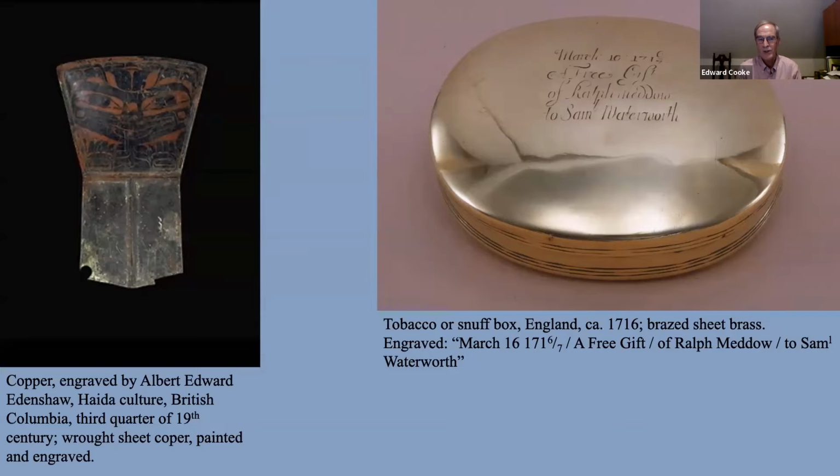We might think about personal gifts, the ways in which the potlatch ceremony in the northwest coast of the US and Canada used coppers, which were often heraldic devices, but were given as a form of respect.